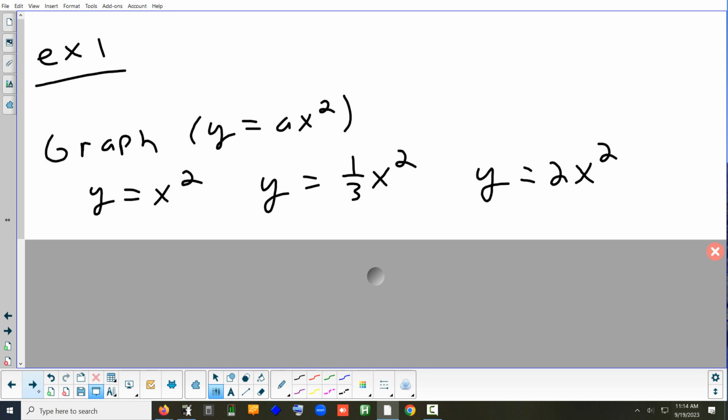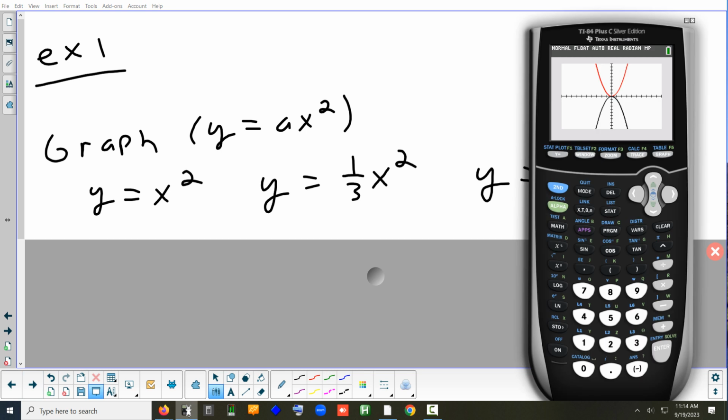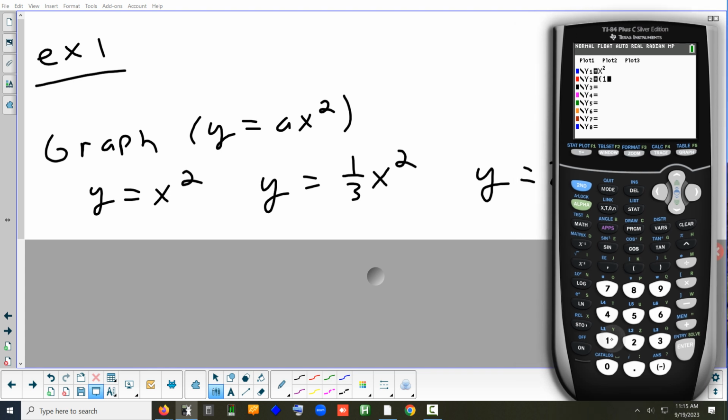Okay, now let's graph some more things. So what we're trying to figure out here is what happens when you change the number in front, the a. What does that do? Let's see. So let's put in x squared, 1/3 x squared.